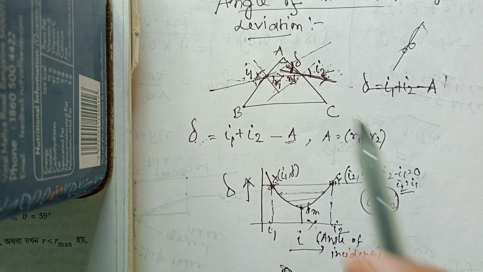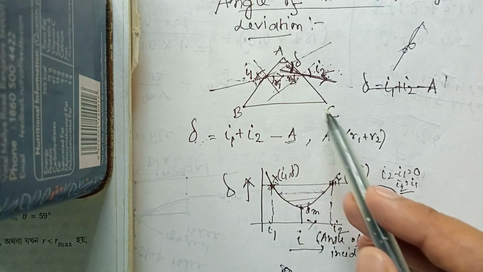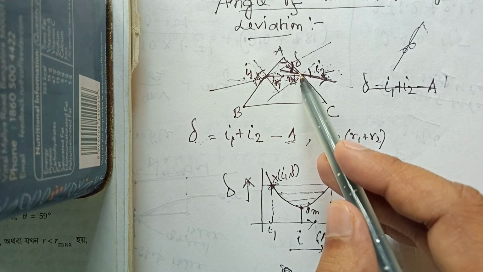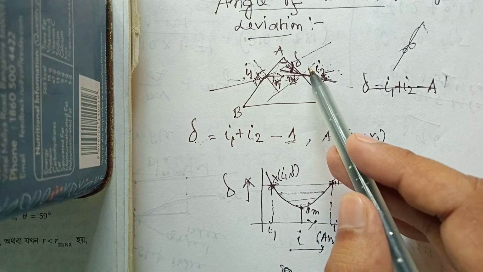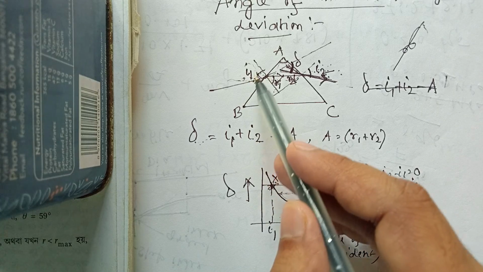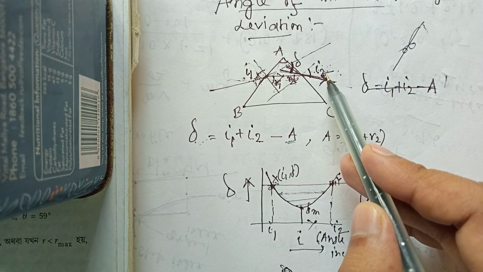that topic. We have seen that for a prism, if the incident angle is I1, then the ultimate angle at which the light comes out is I2. That means if the entering angle is I1, then the exit angle is I2.